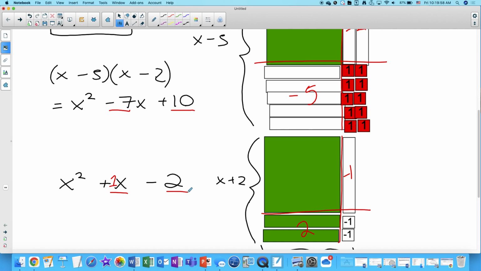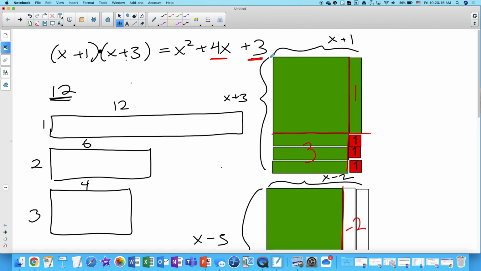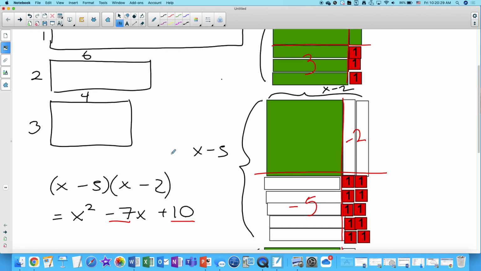So what we want to try and do now is make a connection, right? What's the connection between the way they get split up and those two numbers, the coefficient and the constant, in the polynomial? What can you see? So the numbers here were 4 and 3, and these got broken up into 3 and 1. How can we get the numbers 4 and 3 through the numbers 3 and 1? And then similarly here, we had the numbers -7 and +10, and they got broken up into -5 and -2.